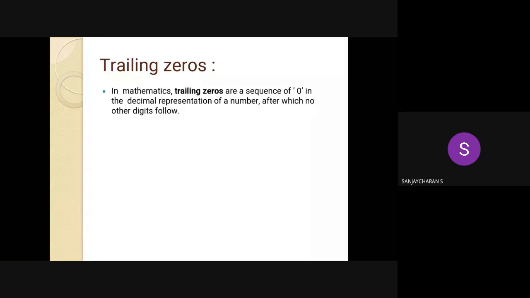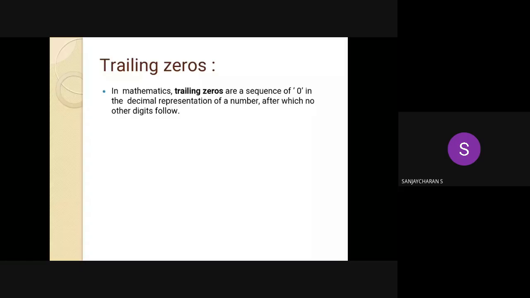Next, another interesting topic: trailing zeros, a sequence of 0s in the decimal representation of a number after which no other digits follow. For example, in 100 the trailing zeros are 2. In 1000 the trailing zeros are 3.